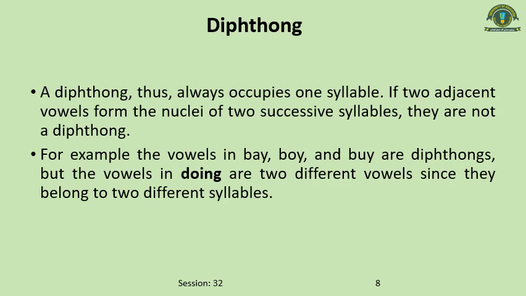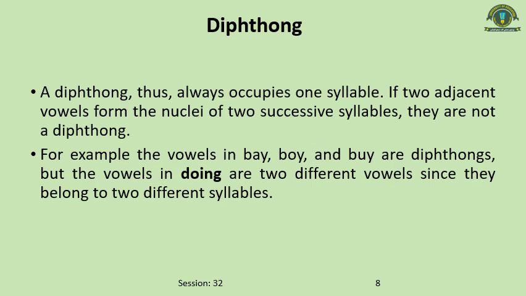But the vowels in doing are two different vowels. Doing, d, u, ing. U and e have been used in the word doing. But so far as the three words I have just presented before you, bay, boy, buy, they are diphthongs.